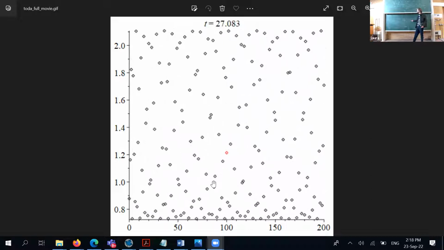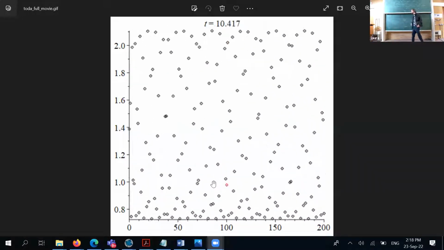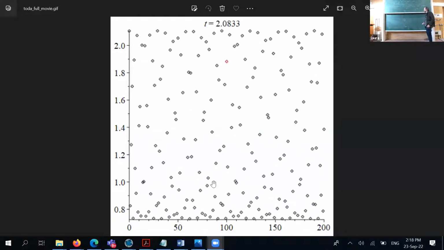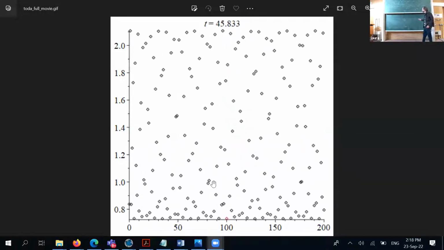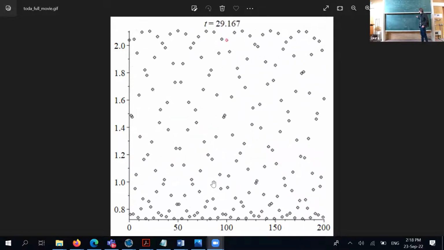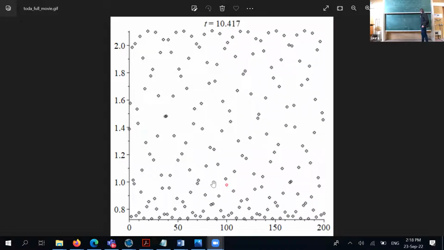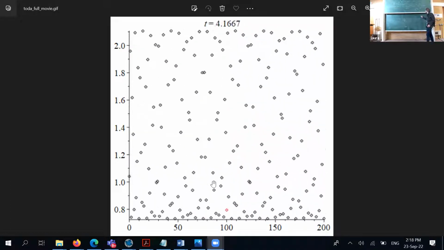So you could say it's pre-periodic or eventually periodic, and it's a well-known classical result that the continued fraction in R is eventually periodic.